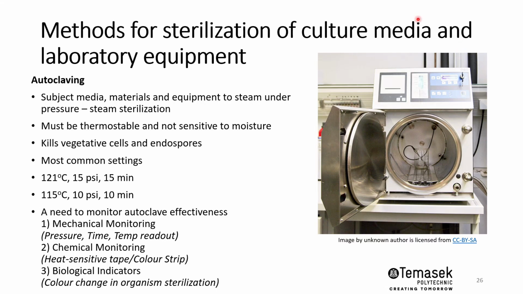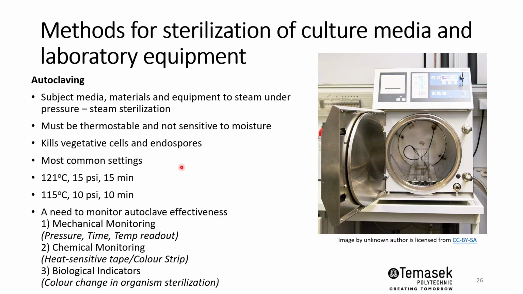So we are looking at the common settings of 121 degrees Celsius at 15 psi for 15 minutes, or another setting of 115 degrees Celsius at 10 psi pressure for 10 minutes. These programs are important because they will allow you to kill vegetative cells as well as endospores.